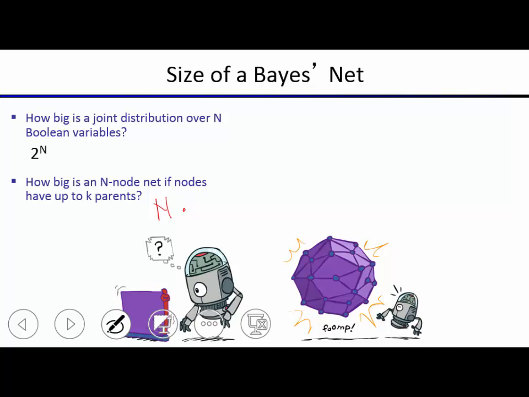Why? You need an entry in that table for every possible joint instantiation of all the variables you're conditioning on, which are k variables, as well as your current variable that you're providing the conditional distribution for. So that's a total of k plus 1 variables that you're considering in that table. And so we have 2 to the k plus 1 entries in that conditional distribution table.